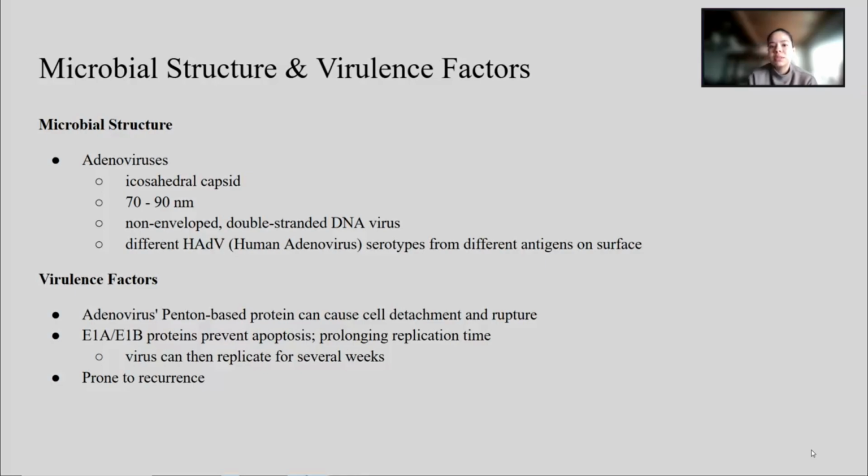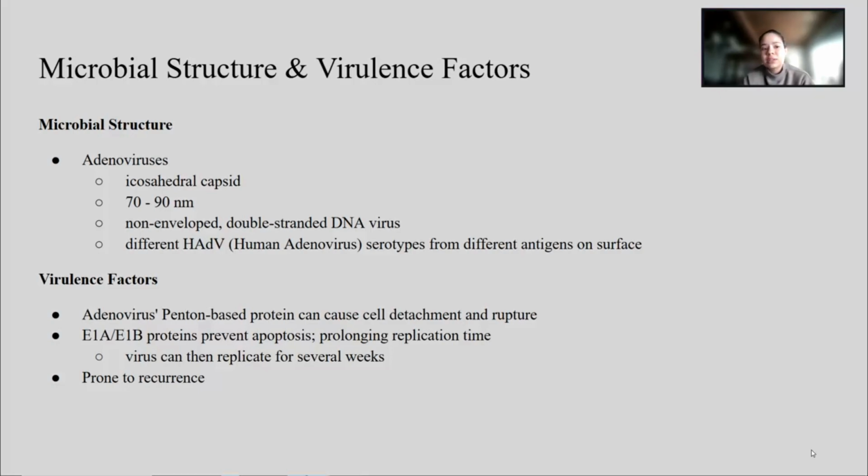So what this means is the adenovirus has antigens on its surface which cause different types of infections. One can cause viral conjunctivitis, another one can cause something more serious, another one can cause an upper respiratory infection in children. It really depends on the antigens.